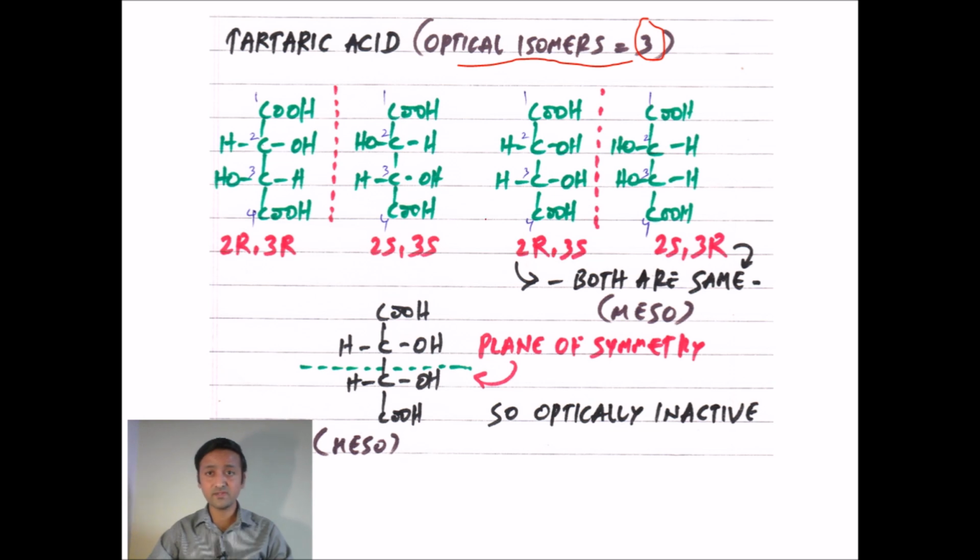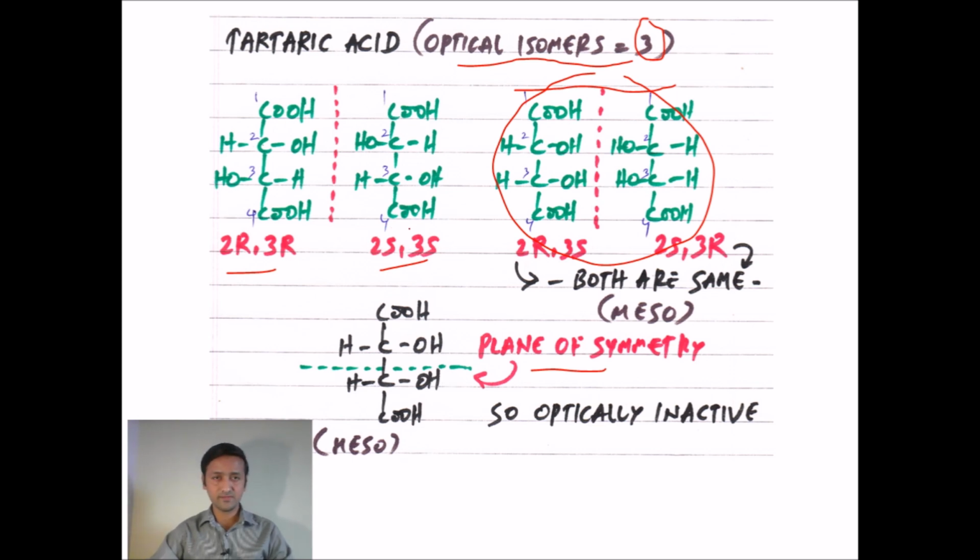That's because you can see these last 2 structures here, and they have a plane of symmetry, and if they have a plane of symmetry, these two are taken as the same, right? This is taken as 1, collectively we take it as 1, then we have the second and third, so totally 3 optical isomers are possible for tartaric acid.